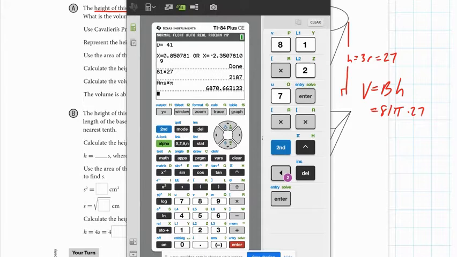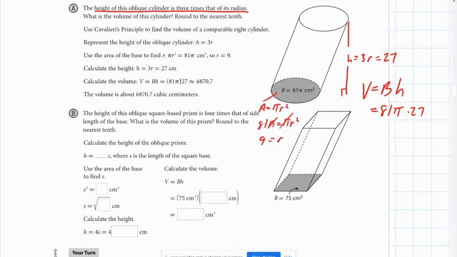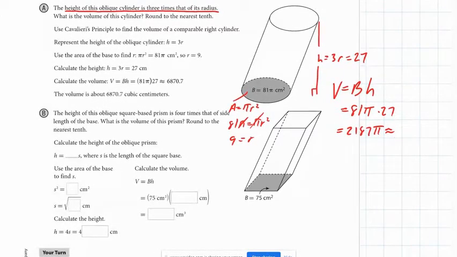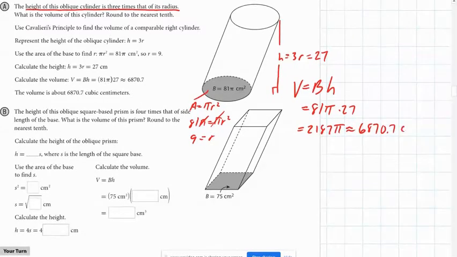That gives us 2 answers. So this is 2187 pi, and approximated as a decimal, that is 6870.7 cubic centimeters. So we can write centimeters cubed like that.